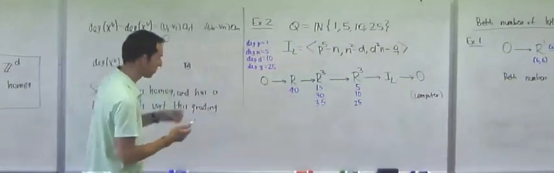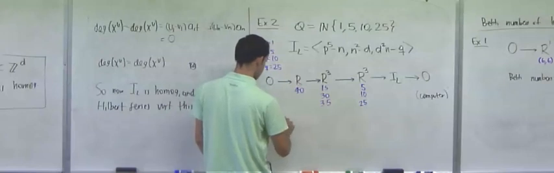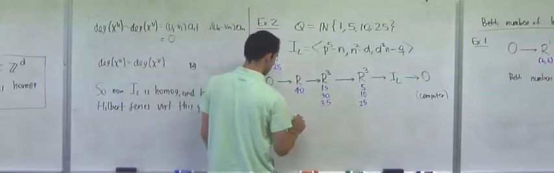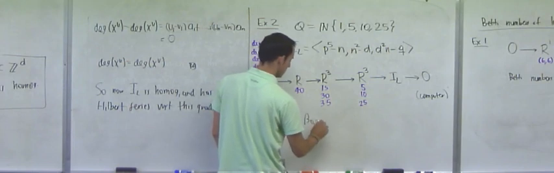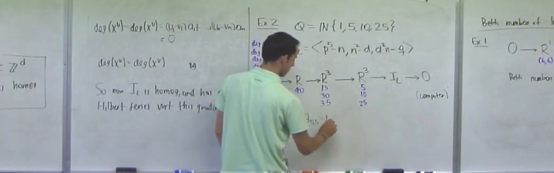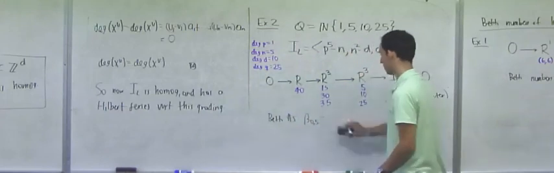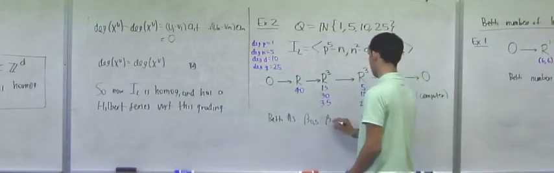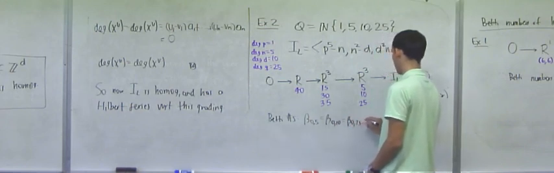Okay. So what does that mean? That means that we have the Betti numbers. What are they? Well, in the first step, we have a 1 in degrees 5, 10, and 25.